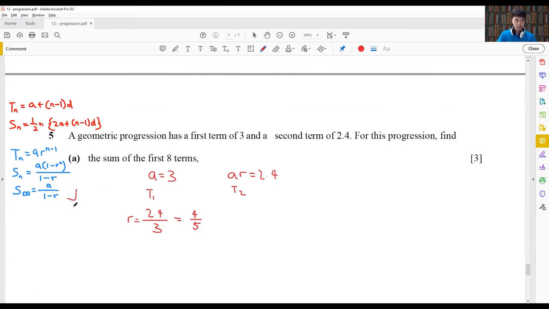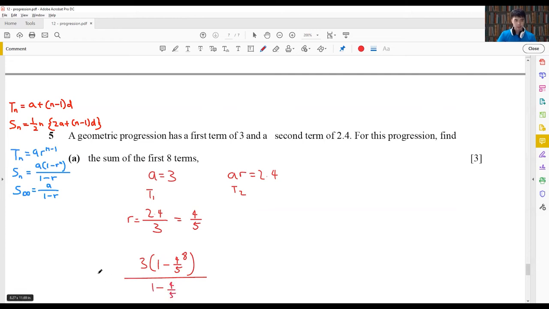Okay. Finding the sum of the first 8 terms using this formula here. This other sum formula is only for sum to infinity, okay? So don't use that one. Using the formula, a is 3, bracket 1 minus 4 over 5 to the power of 8, over 1 minus 4 over 5, okay?